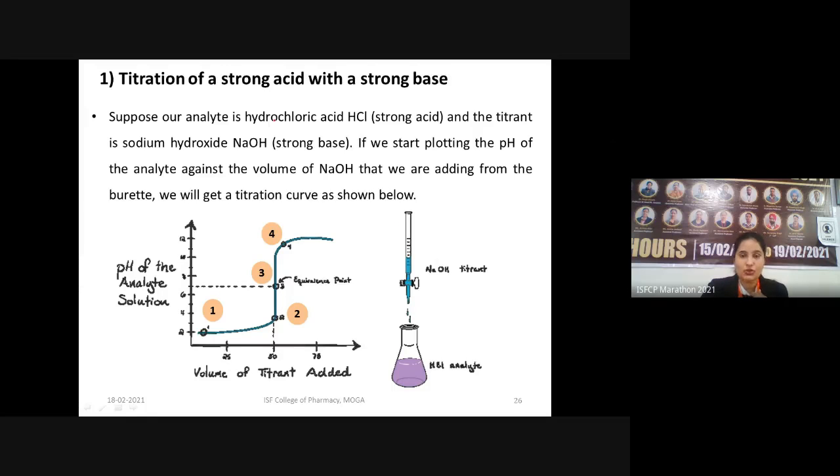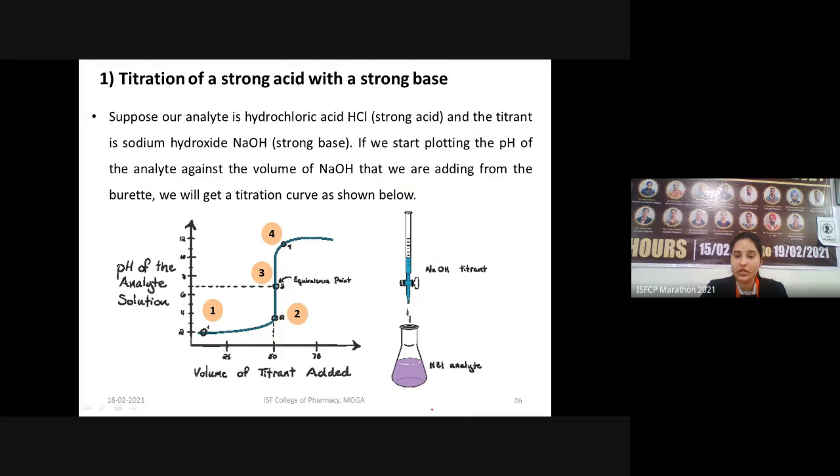So what we will be doing is adding drops of sodium hydroxide into the solution of HCl, and with the addition of sodium hydroxide drops, we will be noting down the pH of the analyte solution. So this is basically the graph which we will be getting. This is the HCl solution whose concentration has to be determined.